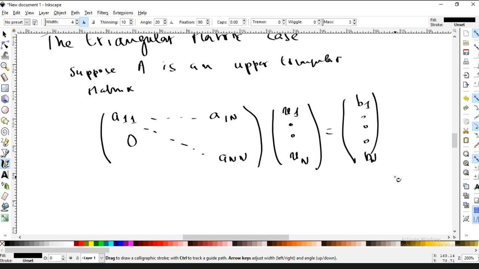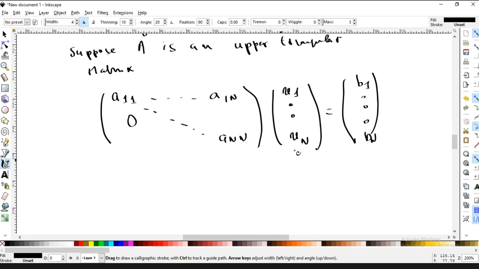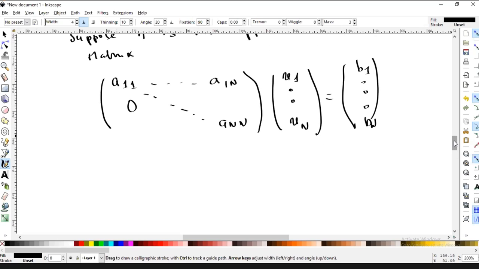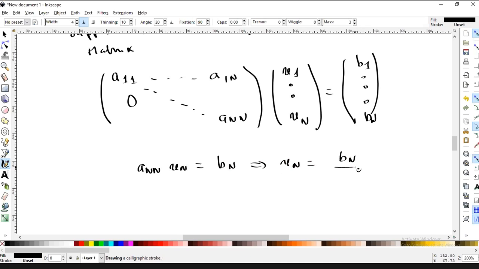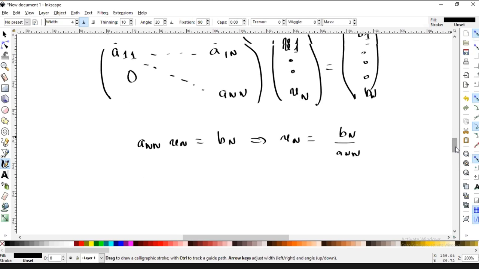So solving this system doesn't pose any difficulties, because you can start by the last line and go up. Of course, for a lower triangular matrix, I would start from the first line. So I start by the last equation: ann xn is equal to bn. Then xn is equal to bn over ann.